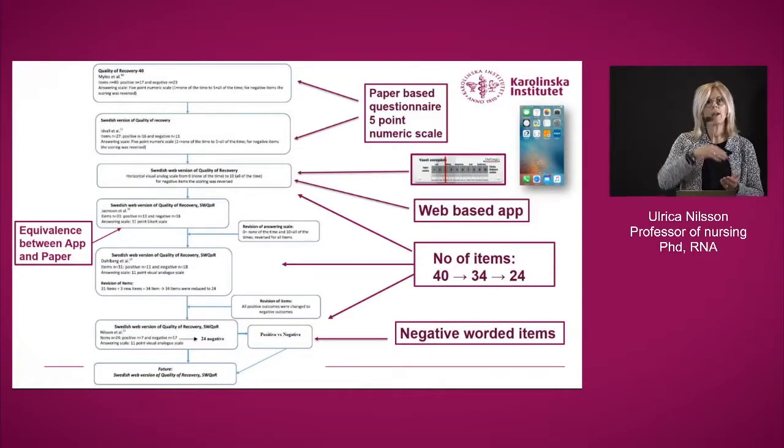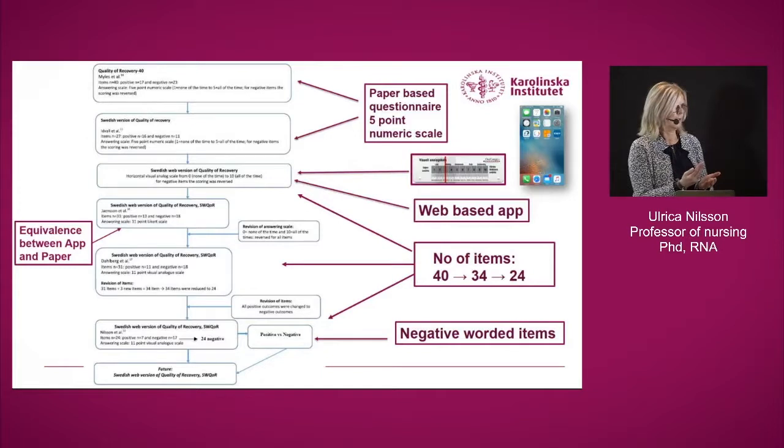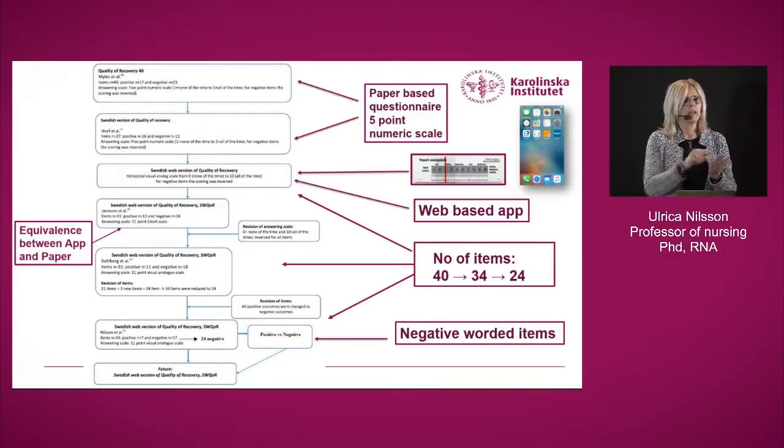But if you have one question at a time on your iPhone, because it was an app, or another smartphone, then it's difficult if it changes from positive to negative.